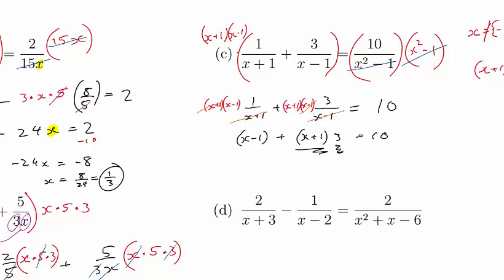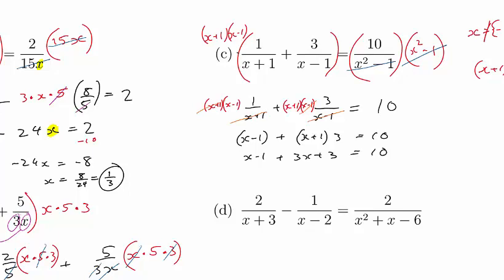This one it is important, because we want to make sure that we show that 3 has to multiply to the x and the 1. So let's go ahead and simplify this out. So we have x minus 1 plus 3x plus 3 equals 10.